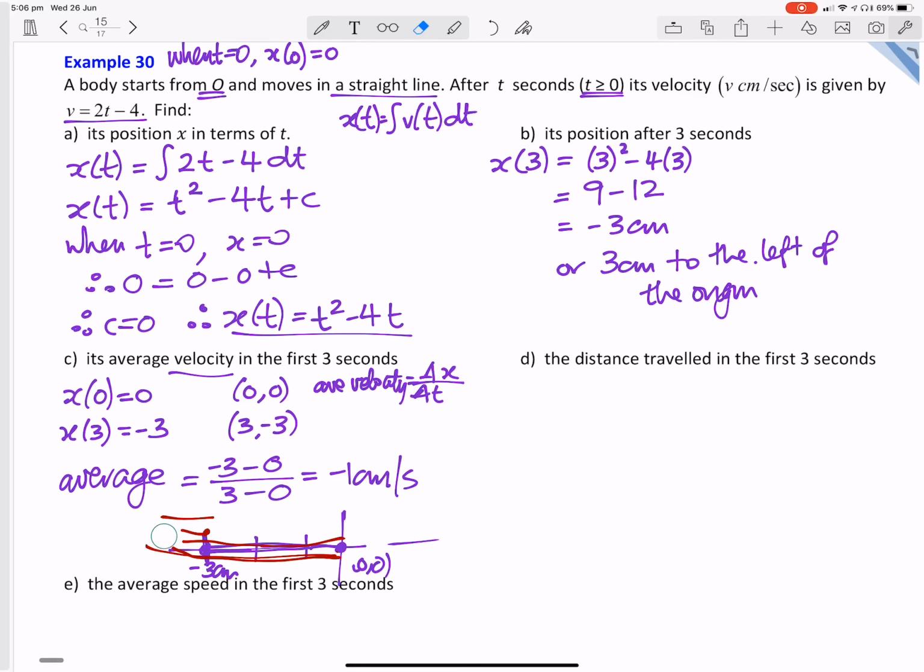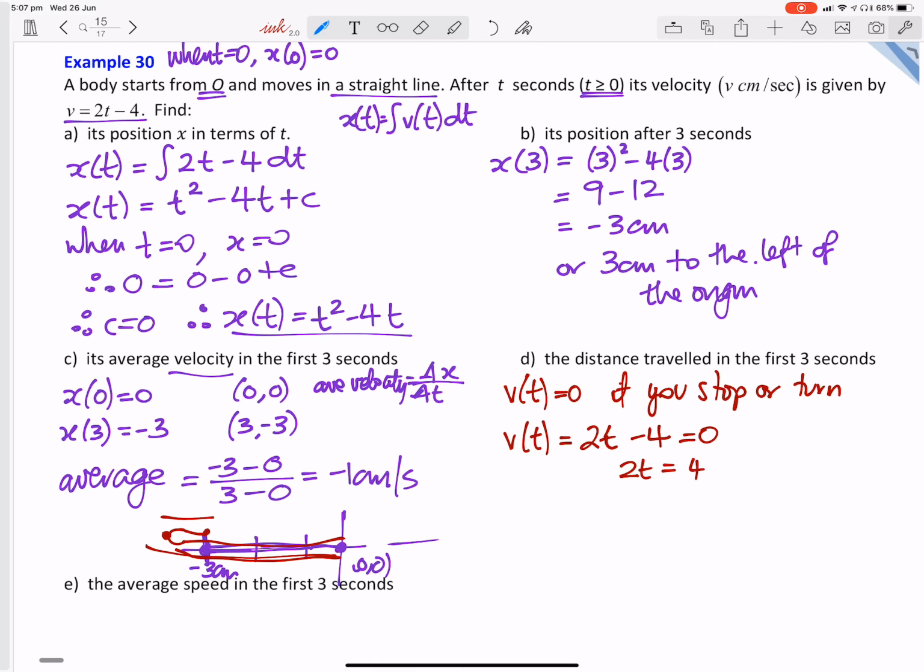When you turn around, v of t equals 0 if you stop or turn. So we know what v of t is. It's 2t minus 4. If we let that equal 0, we get 2t equals 4, t equals 2.